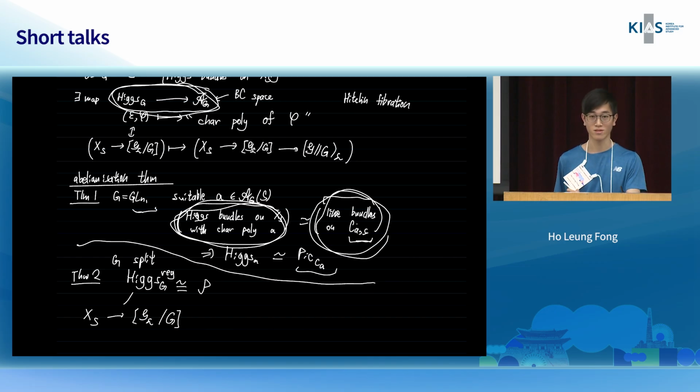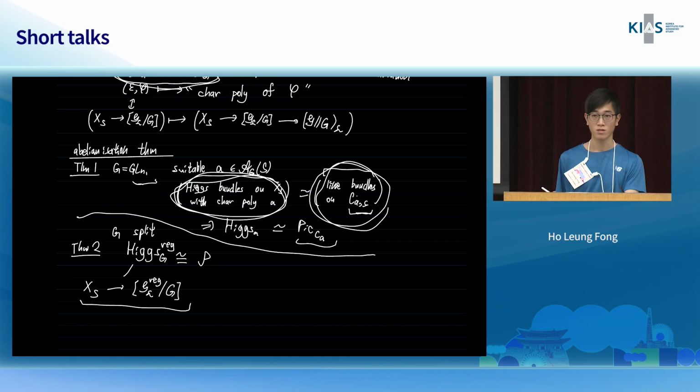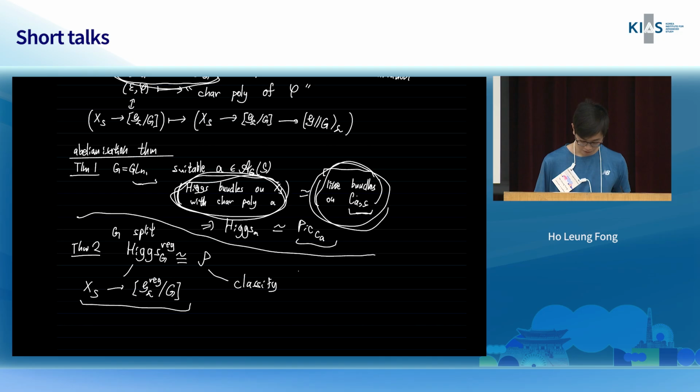So if you remember what I said, an element in Higgs_G is the same as a map from X_S to g/G. And for it to be regular, you are required to land in this particular thing. And this P classifies J_L-bundles, where the interesting thing is that J_L is now a commutative group scheme.